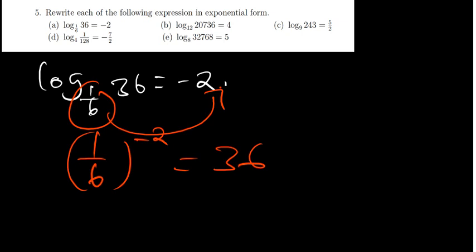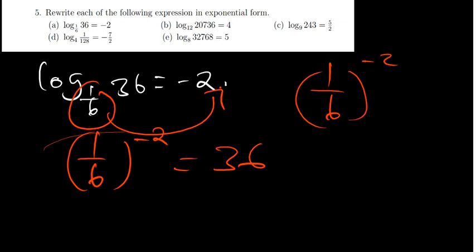And for sure, if we can prove this, it is going to be true. We are saying the base raised to the power of what is outside is equal to what is inside. In this case, 1 over 6 is the base. We raise it to what is outside, which is -2, and it has to be equal to what is inside, which is 36. If I put -2 here, are we going to find 36? Yes, of course.